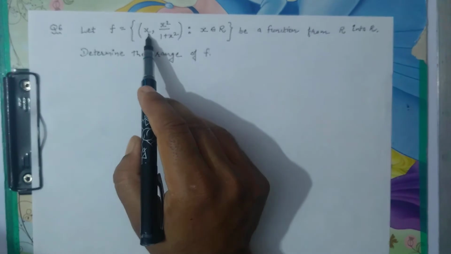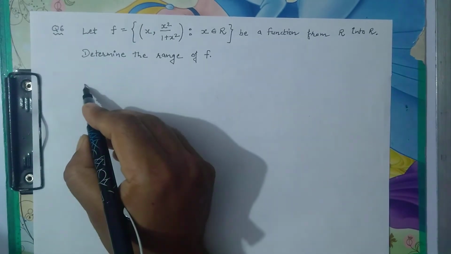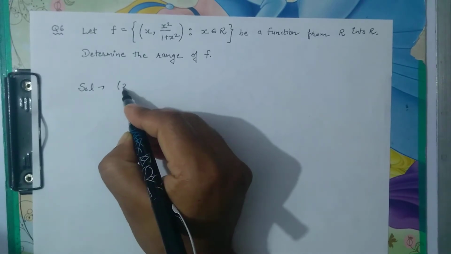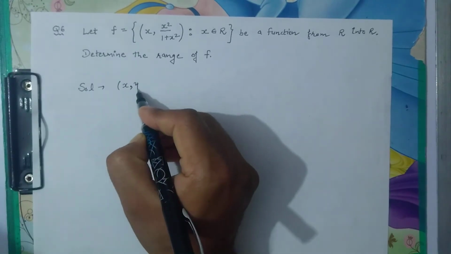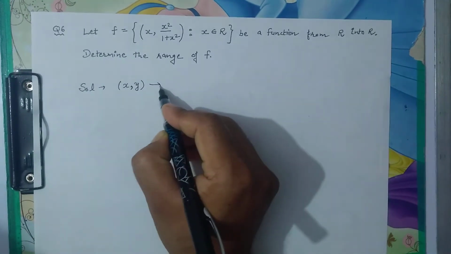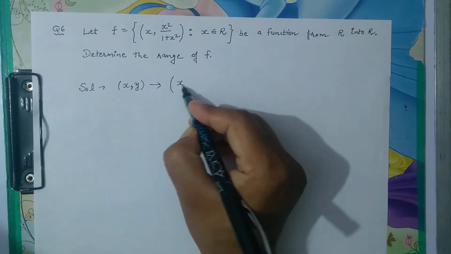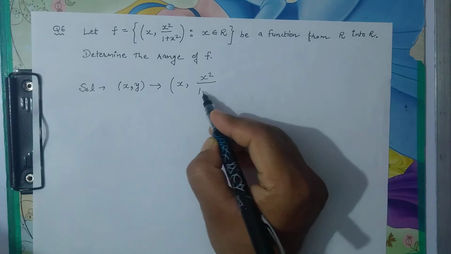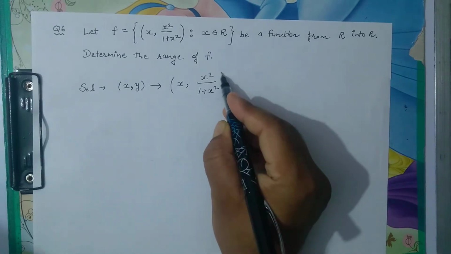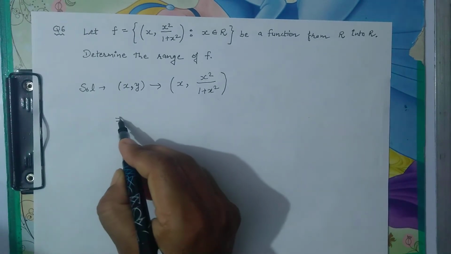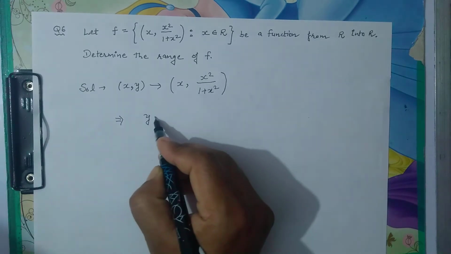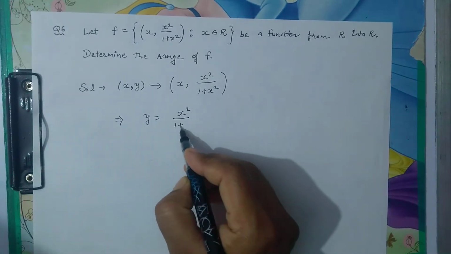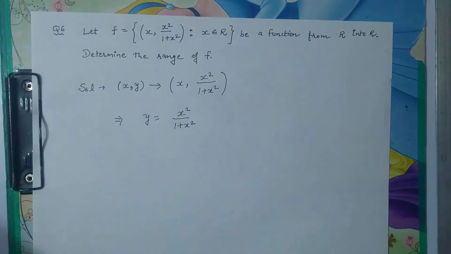So here x comma y, because we know that this ordered pair x comma y, here this is x comma x square upon 1 plus x square. That means here y is equal to x square upon 1 plus x square.